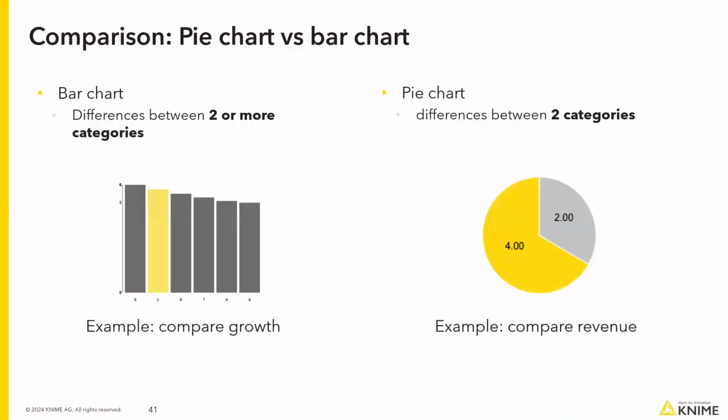So if you want to compare different categories of data, you can build, for example, a bar chart or pie chart, and a bar chart might be more useful if you have many categories to compare. A pie chart might be better if you want to compare just two categories. If you have many more categories, it might not be that easy to compare these pieces of the pie chart.